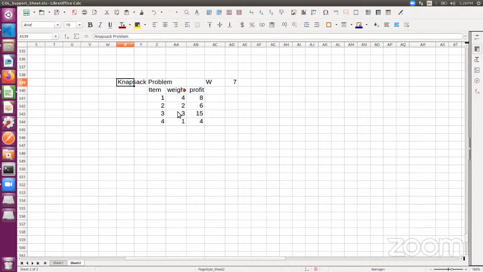You're going to fill the bag with these items. You cannot take all the items, right? Because it has a capacity, and the total weight is more than the capacity. So you have to choose between the items. Which is the best combination so that you'll get the maximum profit? That is the knapsack problem.